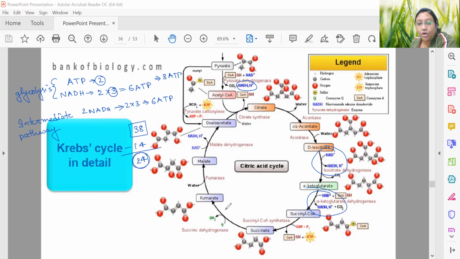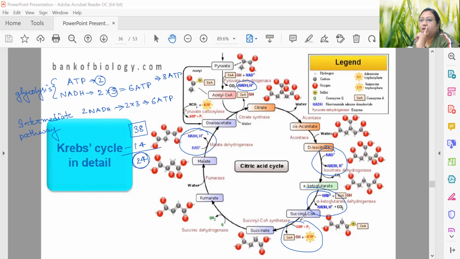Apart from that, there is production of FADH2, which will yield 2 ATP, and there will be production of one GTP, which will in turn be converted into ATP. So the total is 12 ATP produced in each TCA cycle. Understood? Then 12 multiplied by 2 will be equal to 24.